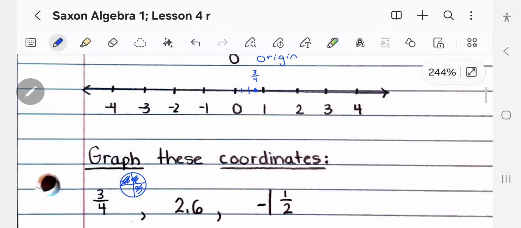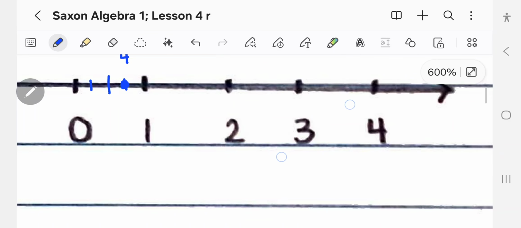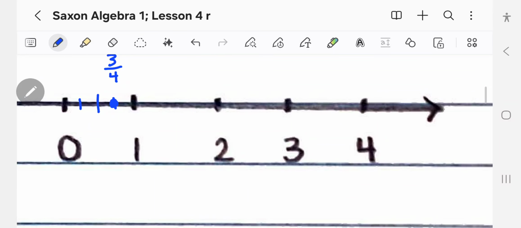All right, let's look at the next one. 2 6/10. What 2 numbers would that be between? Well, it's more than 0. It's actually more than 2. Is it more than 3? No, it's not all the way to 3. It's 2.6.